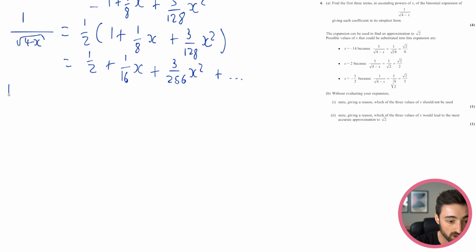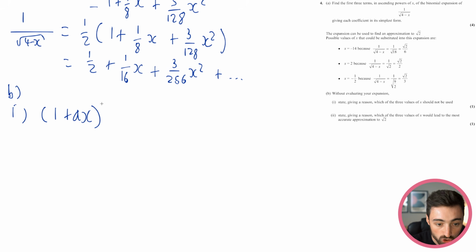So let's have a quick look at this. Without evaluating your expansion, state, giving a reason, which of these 3 values of x should not be used. Okay, so there is the thing that we always need to remember: if I expand 1 plus ax to the n, we require that the modulus of ax must be less than 1.